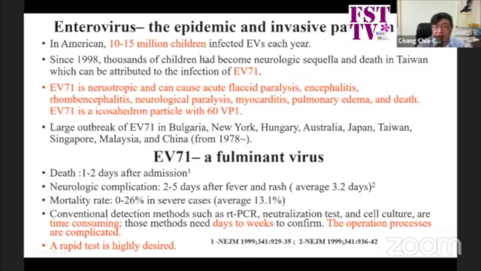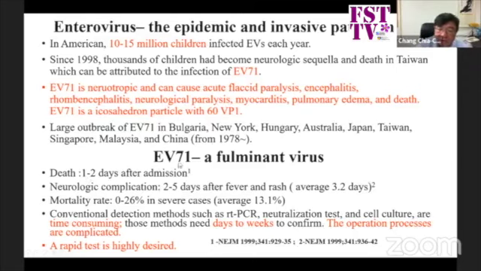For instance, in America, more than 10,000 children are infected, and it may also cause a lot of complications. It also has outbreaks in East Asia and Southeast Asia, such as Taiwan, Malaysia, and China. So it is a very prominent virus if the patient is infected by EV71.